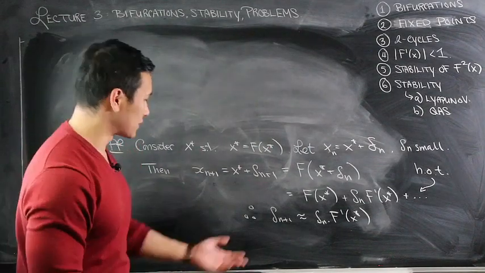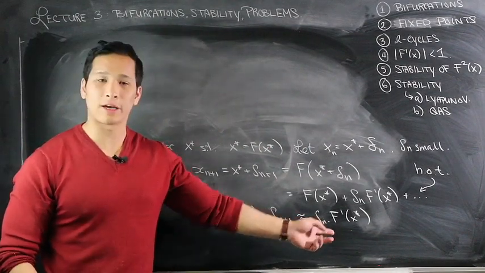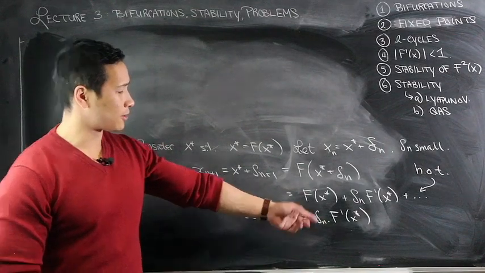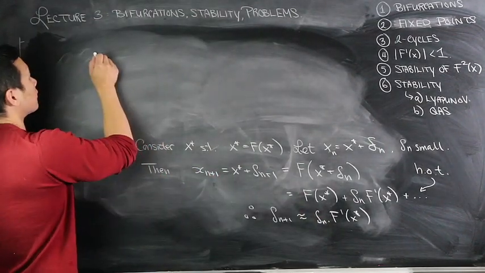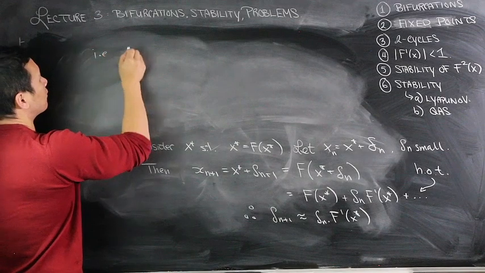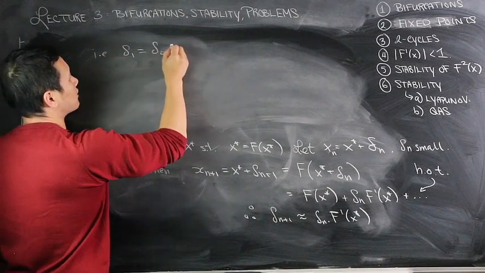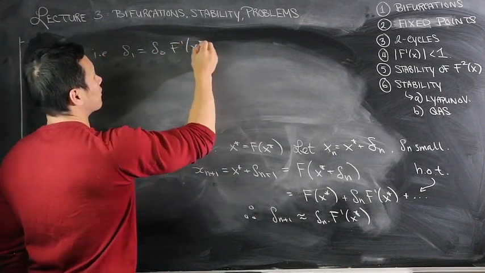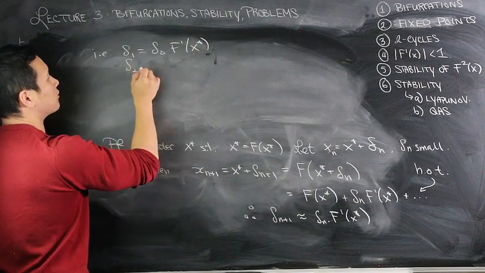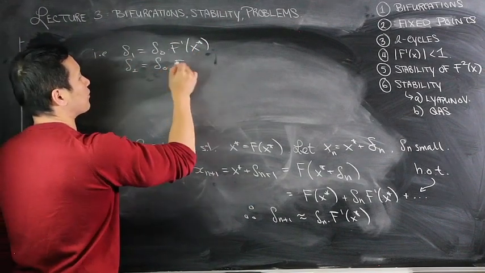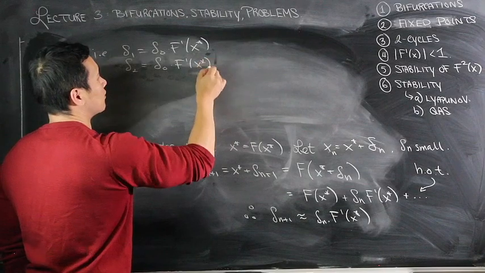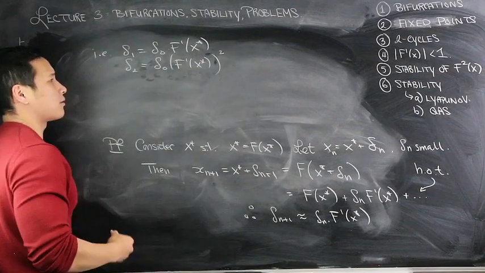Right, so for instance, delta 1 is equal to delta naught times f prime of x star. Delta 2 is just delta naught times f prime of x star squared, and so forth and so on.